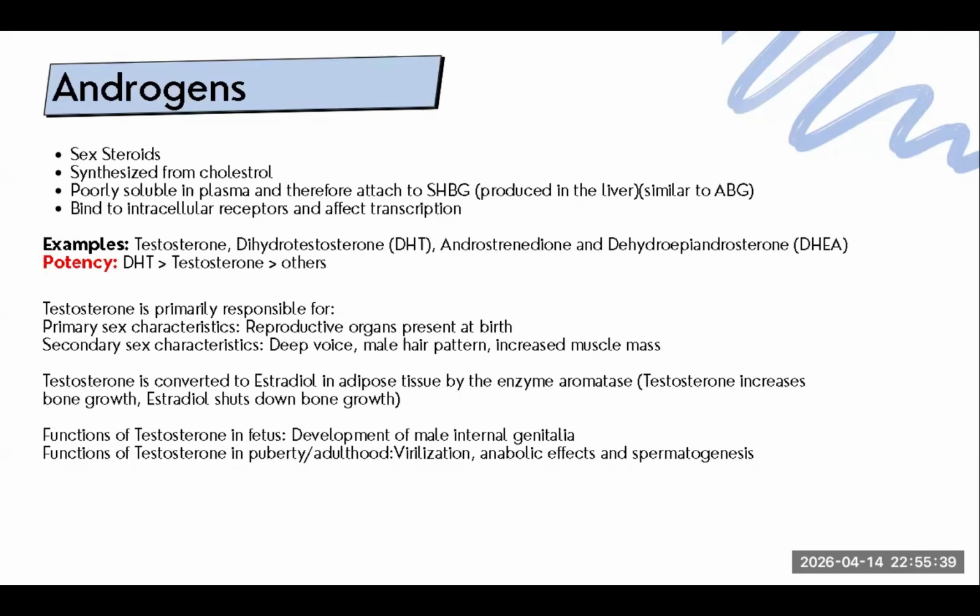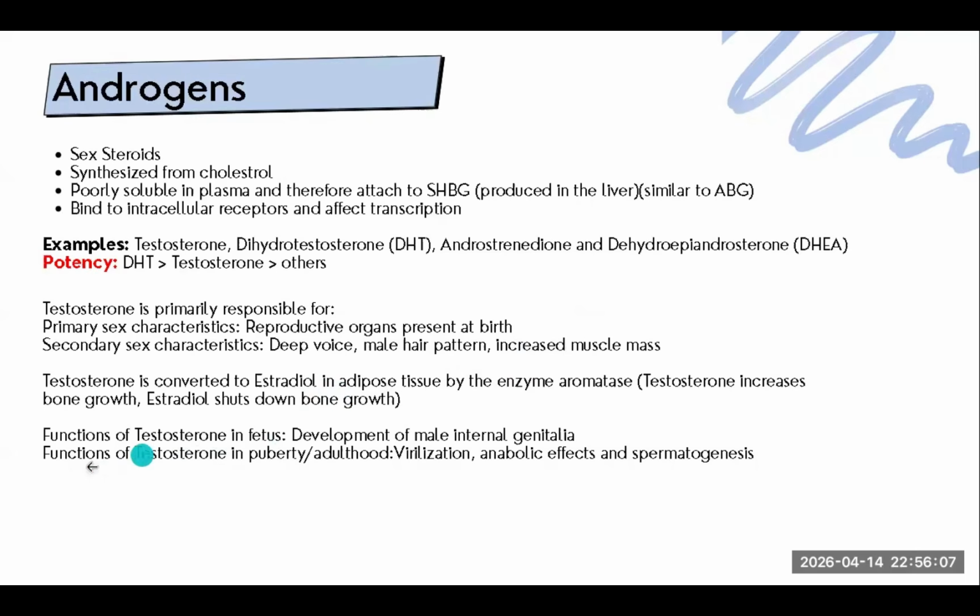Another example is in obese individuals, obese males specifically, you would have something known as gynecomastia, which is growth of the breast tissue. And this is because they have more adipose tissue, therefore more testosterone would be converted to estradiol, and therefore they would develop some female secondary sex characteristics, such as growth of the breast tissue.